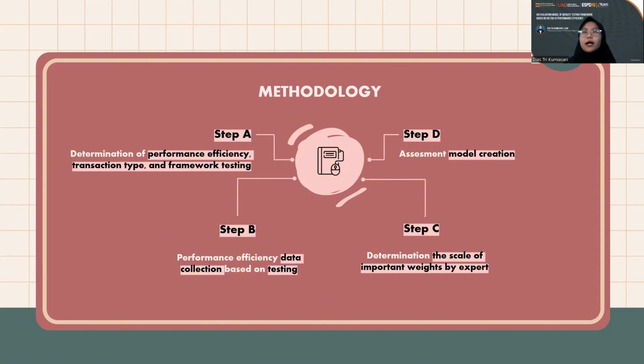It can be done after we finish step B, we move to step C, or it can be parallel. After step B and step C are done, we continue to create the assessment model, or evaluation model, to classify the tested frameworks into three categories: good, medium, and bad.